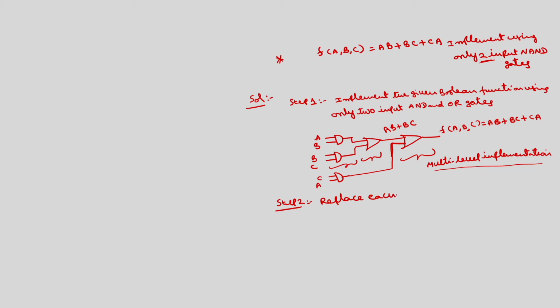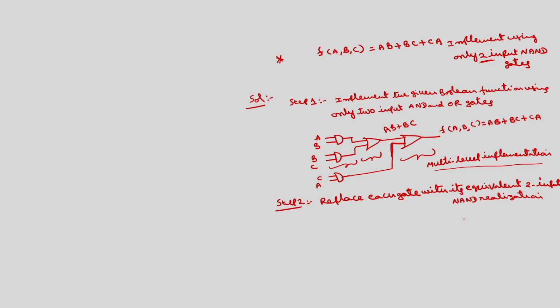each gate with its equivalent two input NAND realization. So, we know that a NAND gate can be used to implement all the gates because the NAND gate is universal gate.